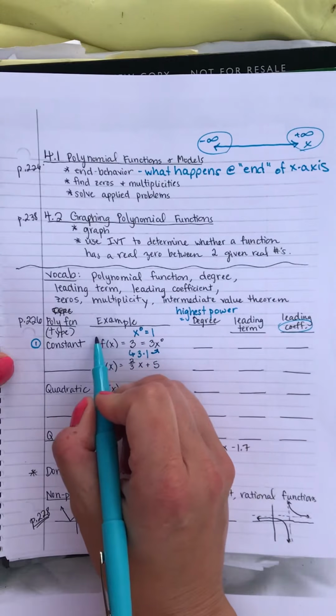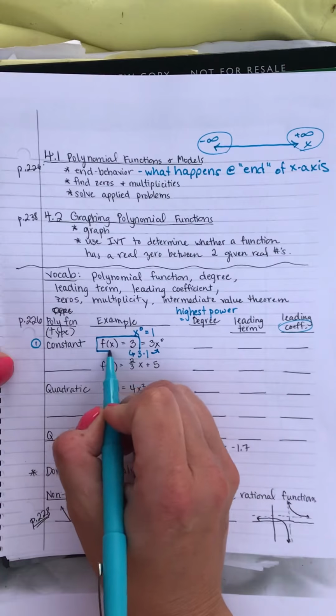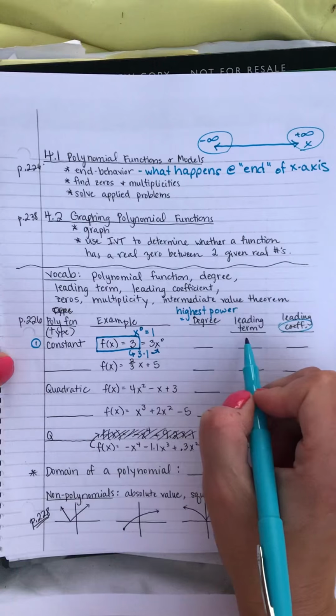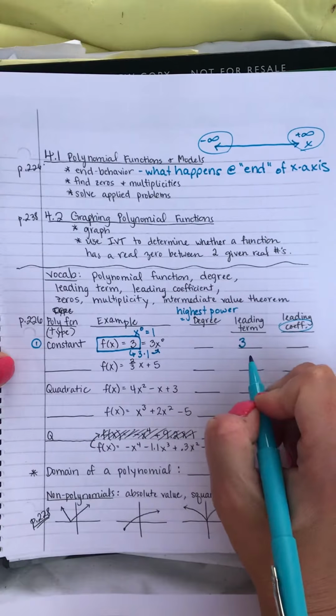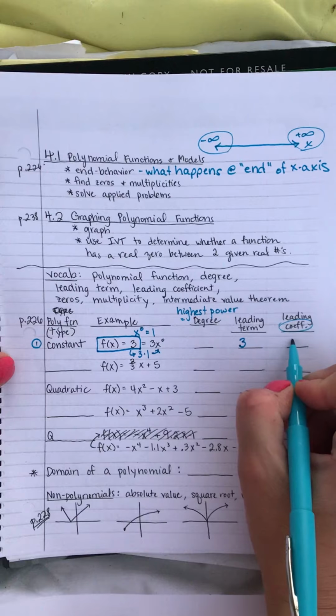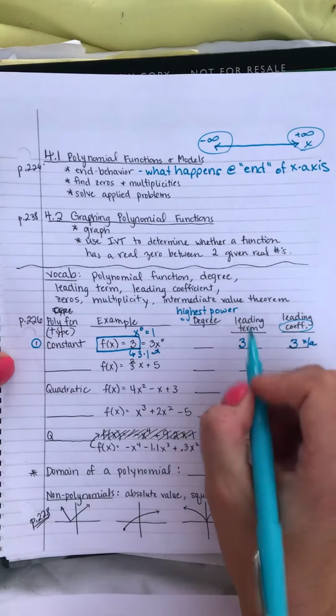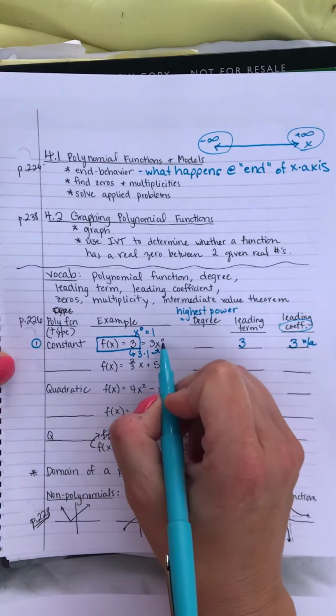So when you're looking at a constant function of 3, your leading term is 3. Your leading coefficient, see, that's not really appropriate here. It's more of an NA at that point. But your degree is 0, okay?